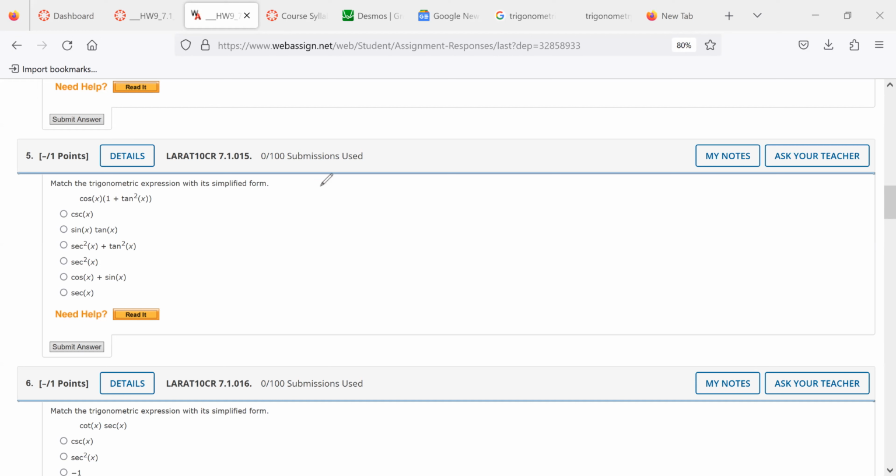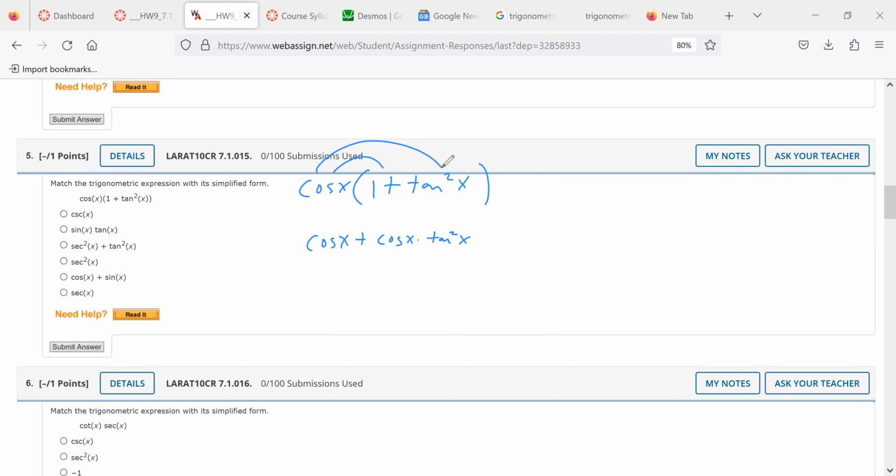So we have cosine times this garbage. Multiply, you get cosine. Just distribute. What is tangent equal to?